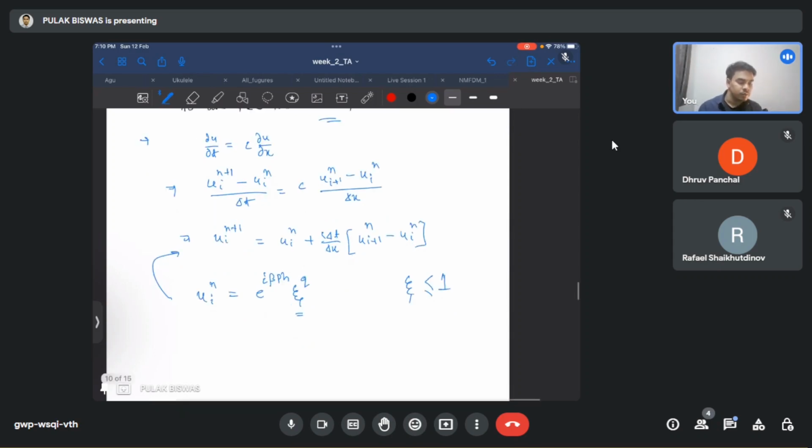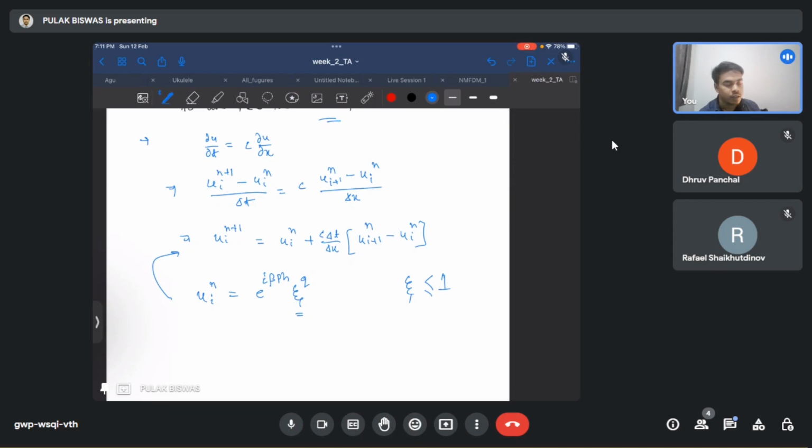So you can try this one: put this value, simplify and find the value of xi, and there you can put some constants to find out what is the maximum value of xi.